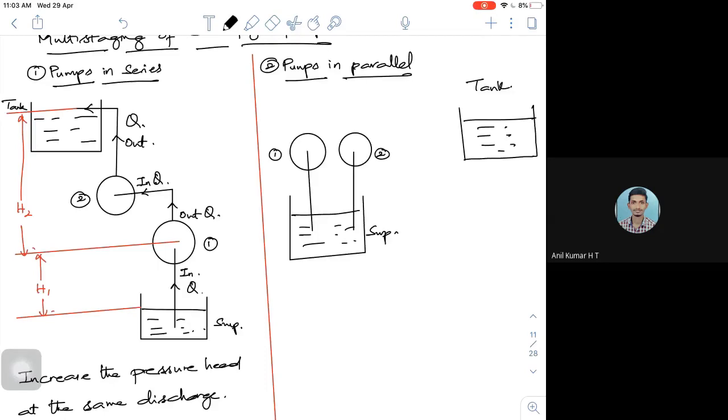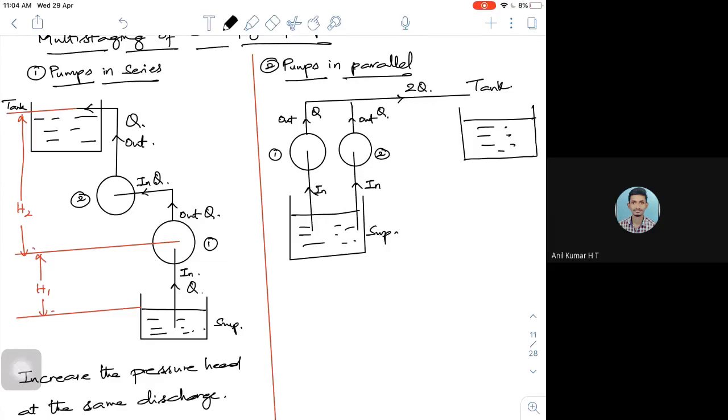This is the inlet to pump 1, this is the inlet to pump 2, and I will be taking the outlet from each. This is out from pump 1, this is out from pump 2, and I am going to join them. So if this is Q from the first pump, and this is also Q from the second pump, when both join I am going to get 2Q. So I will be getting 2 times the discharge.